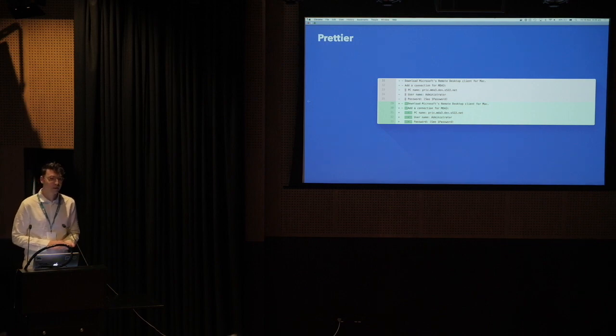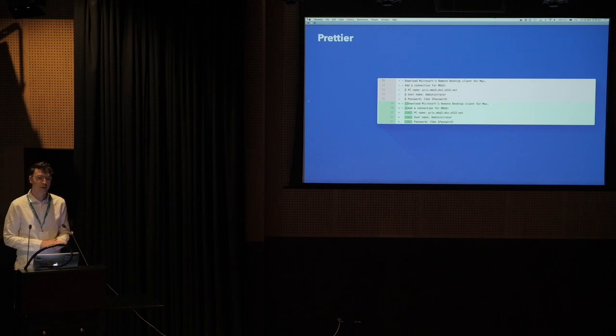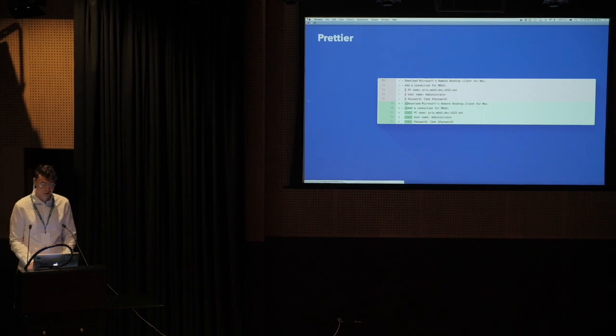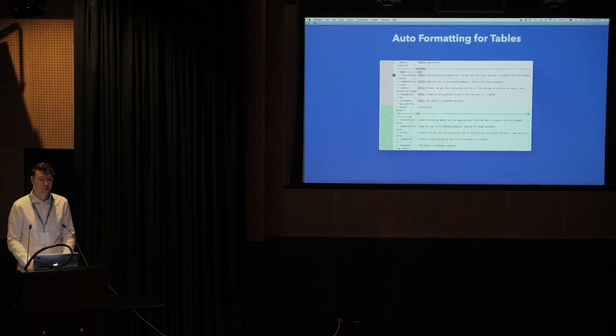What Prettier is, it is a linter for Markdown, and it works for a number of other coding languages. It'll make sure that spacing is correct, that list items aren't empty. It does auto-formatting for Markdown tables. It's really, really good. I can't tell you how much time I've spent in my life trying to get Markdown tables to render with the spacing right.